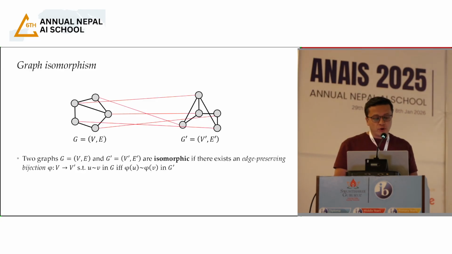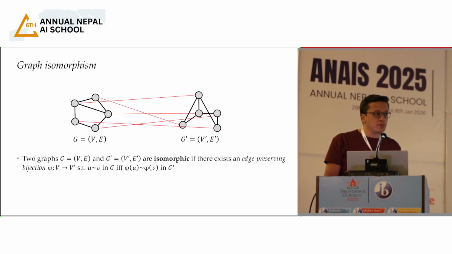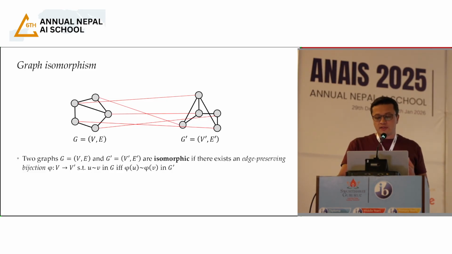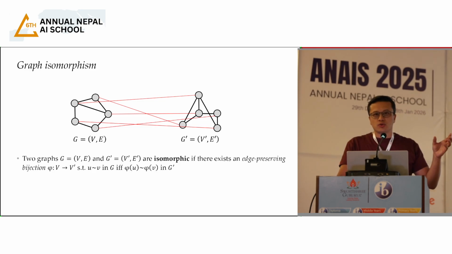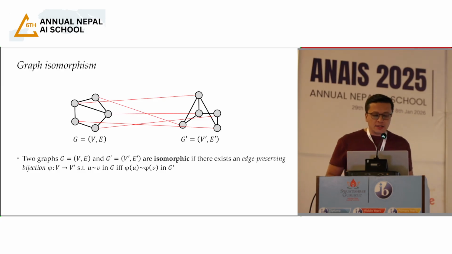To make this formal, we say that two graphs, G and G prime, are isomorphic if there exists an edge-preserving bijection from the node set of graph G to the node set of graph G prime. This means whenever I have an edge between, say, nodes u and v in the source graph G, then after applying the bijection, I must have a corresponding edge in the target graph G prime, and vice versa. This bijection does not have to be unique.